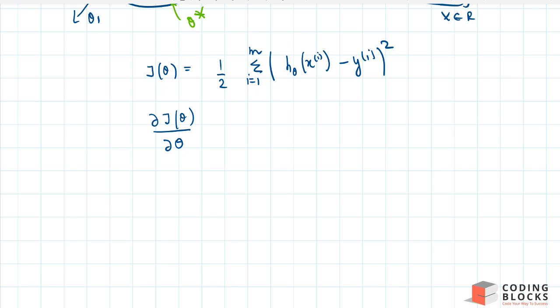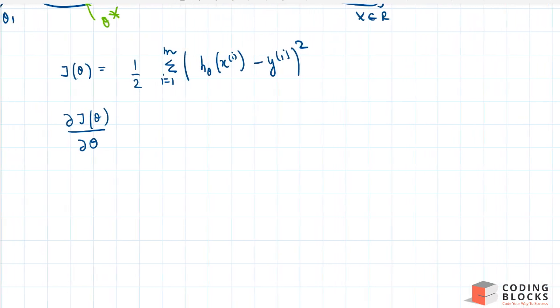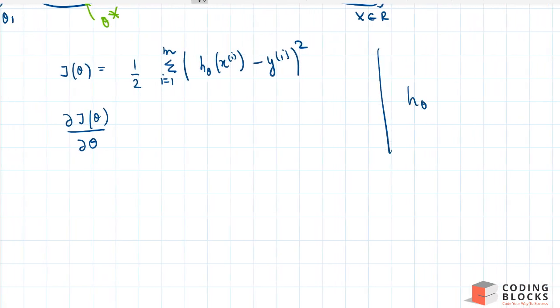And let me also define what h(x) is. h_θ(x) is nothing but θ0 plus θ1 x.